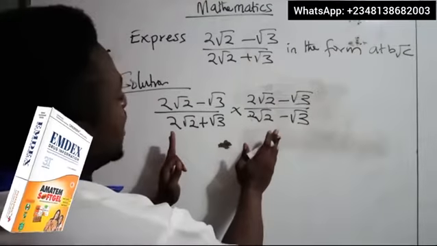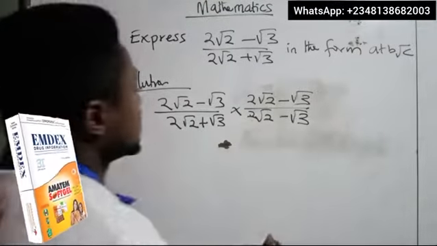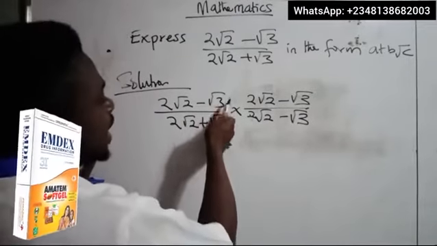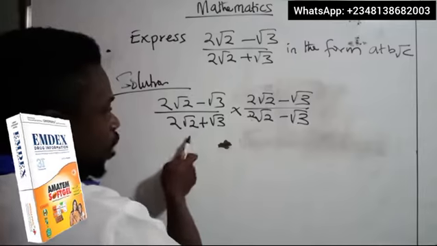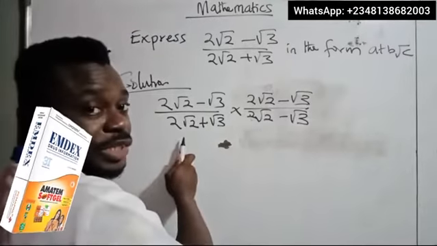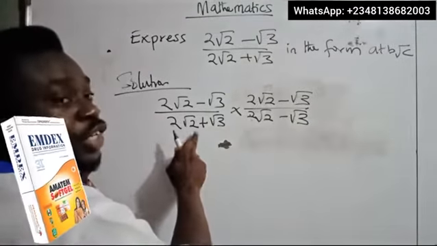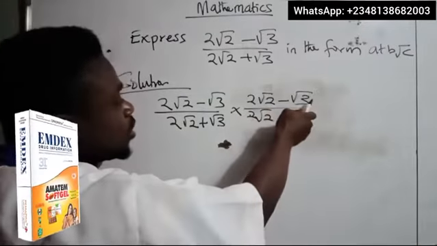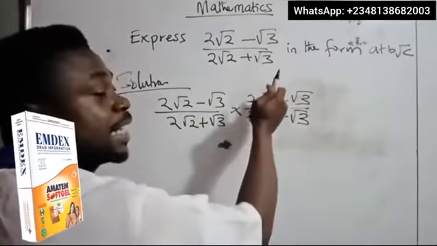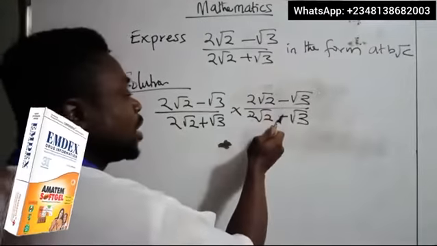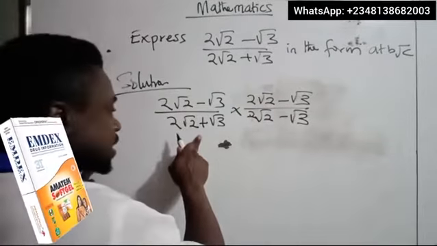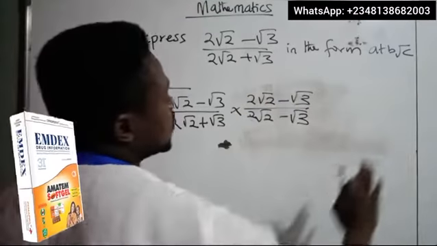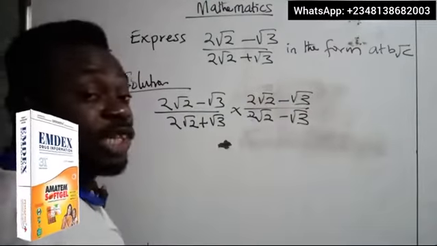As you can see, we are now multiplying the numerator and the denominator by the conjugate of the denominator. Because the conjugate of this denominator is 2 root 2 minus root 3. That's why we are multiplying the numerator and the denominator by it. So we will multiply this out and see what it will give us.